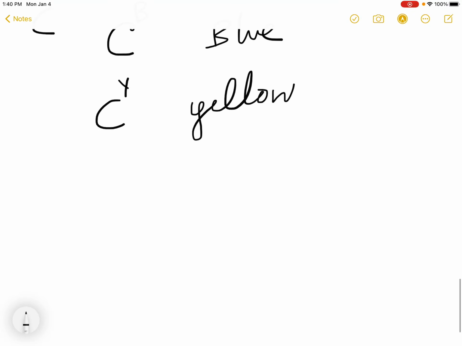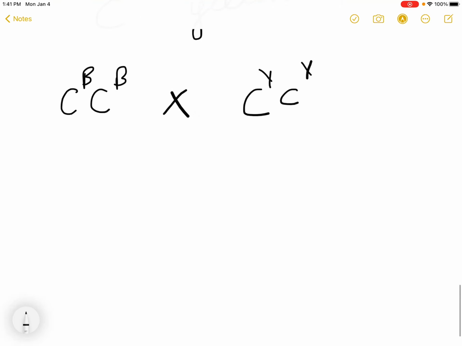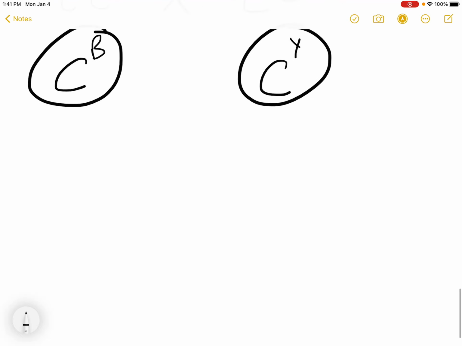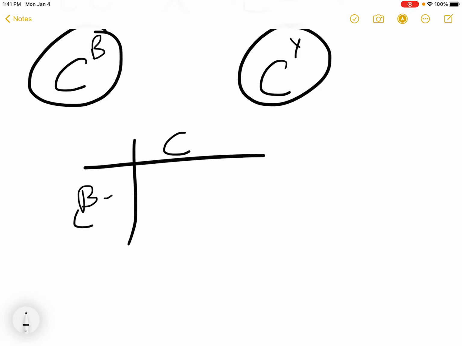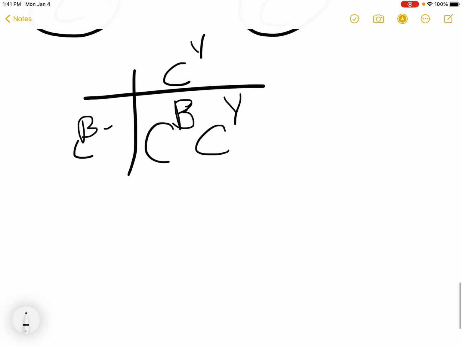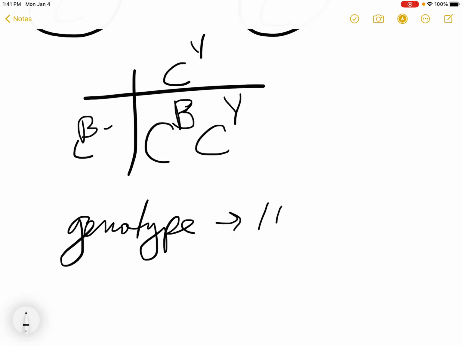So we've already seen that it's the same cross: true breeding blue crossed with true breeding yellow. The gametes are a blue and a yellow. When we cross them, it's still a very simple Punnett square, and we still get this heterozygous situation. So the genotype is the same: all of the babies, 100%, are going to be heterozygous.